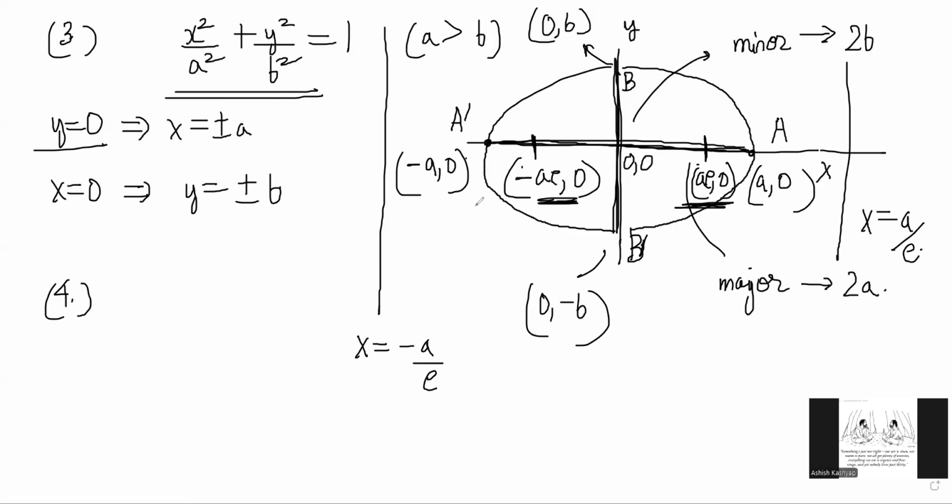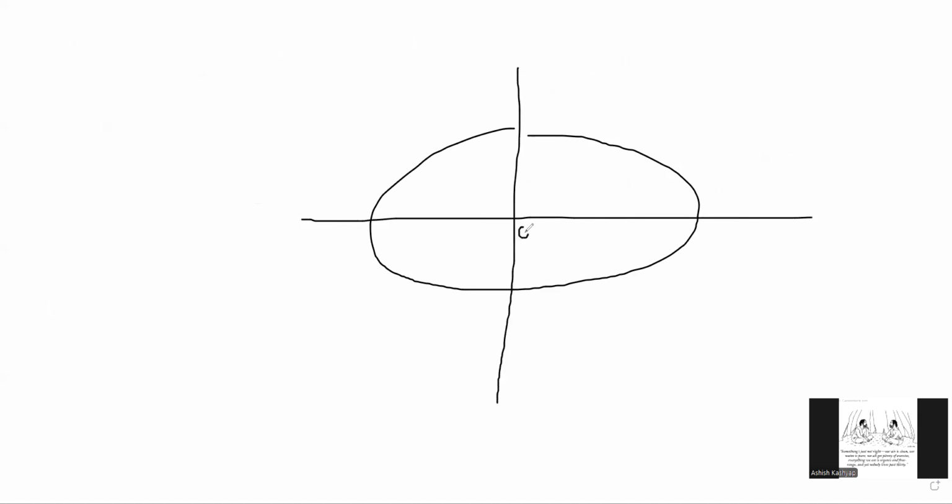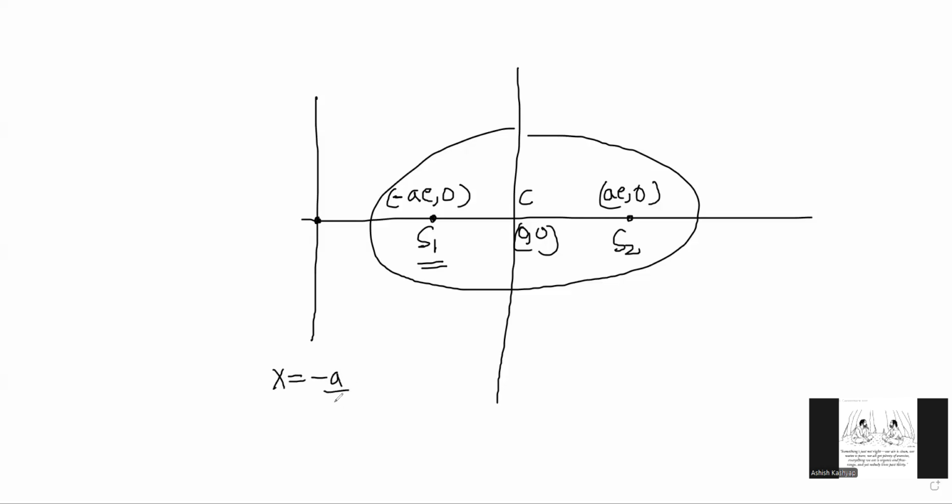I will draw the figure again here to make it clearer. This is my standard ellipse. This is my center C. This is my focus S1, (-ae, 0). This is the focus S2, which is (ae, 0). The directrix corresponding to the S1 focus is this, which is x equal to -a/e.